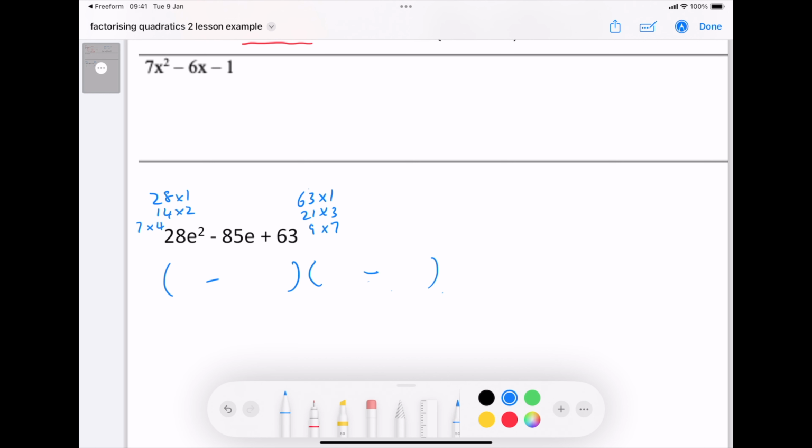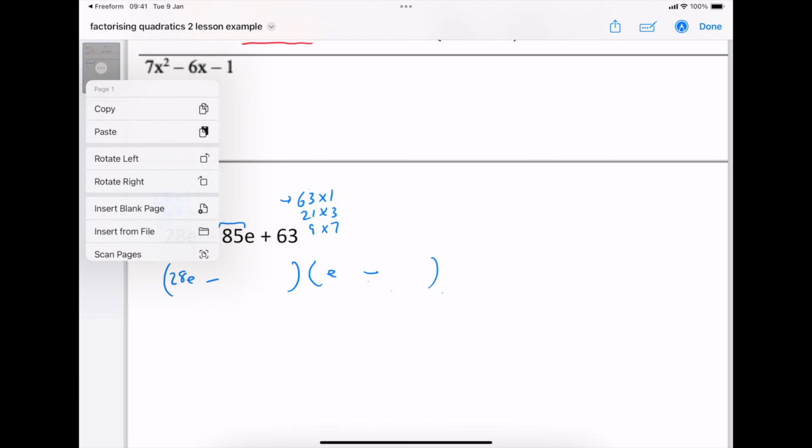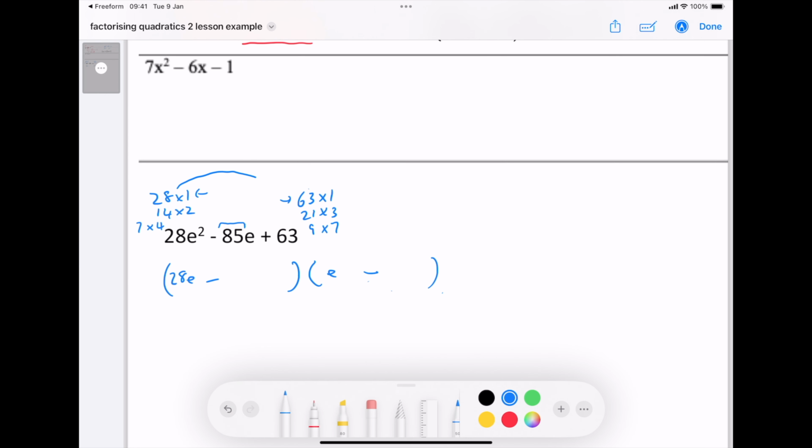So now we have to select the multiples. And the question is, how do we know which set to begin with? Well, if you take a look at the middle number, the magnitude of that middle number is relatively bigger than 28 and 63, but it's not in the hundreds. So often you can rule out these first bigger numbers, because if I was to put in 28x and then x, we know at some point it's going to produce 28 times 63, which is going to be way bigger than 85.